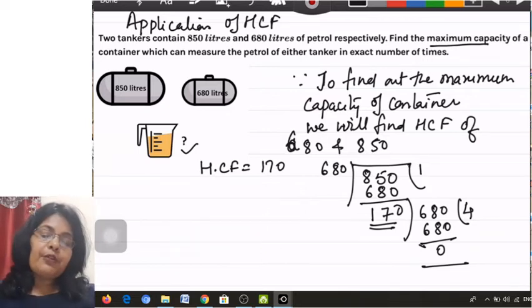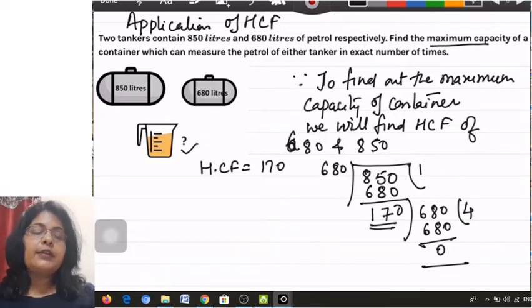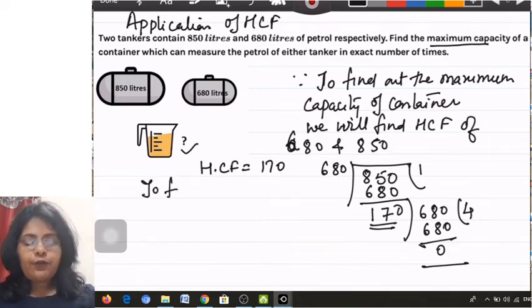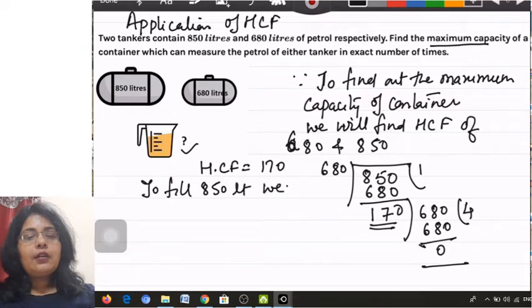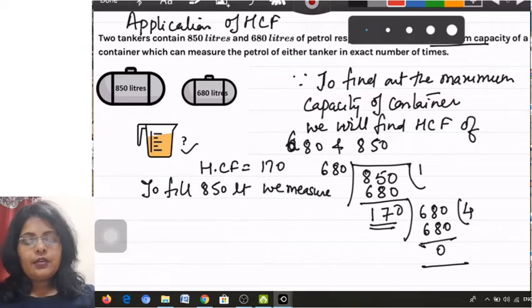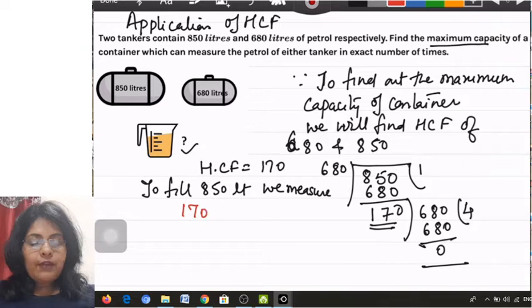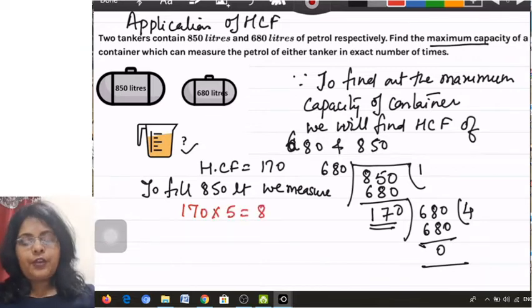Find the maximum capacity of a container which can measure the petrol of either tanker in exact number of times. So what we will do, to fill 850 liter we measure 170 into 5. What does it become? 850.